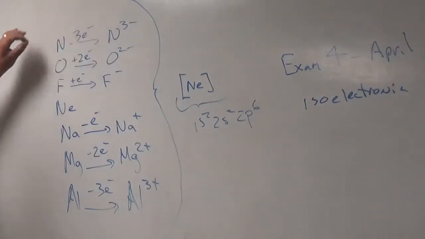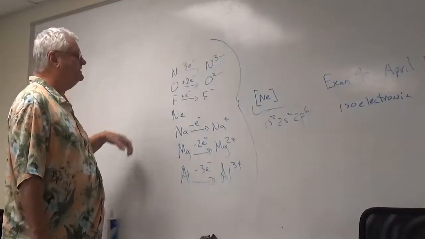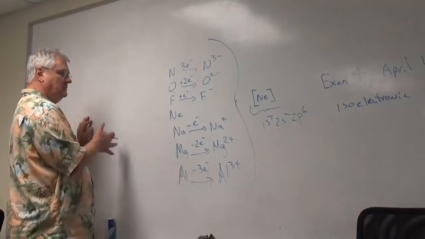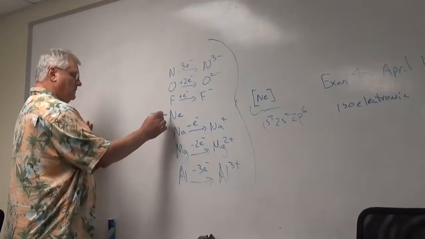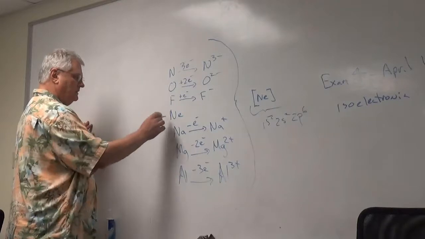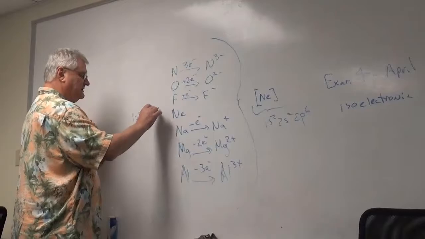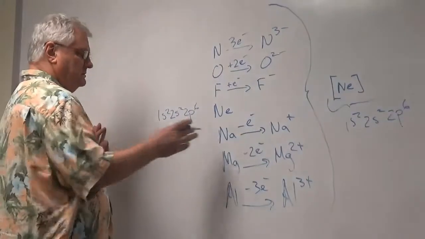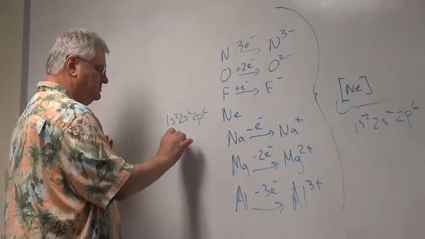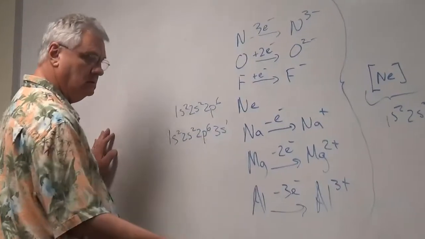So nitrogen gains 3 electrons. And if you want, just for convenience, we can put their electron configurations on the left here, before they either gain or lose electrons. Neon, again, is 1s2, 2s2, 2p6. So sodium's going to have one more than that, 1s2, 2s2, 2p6, and its valence electron is 3s1.